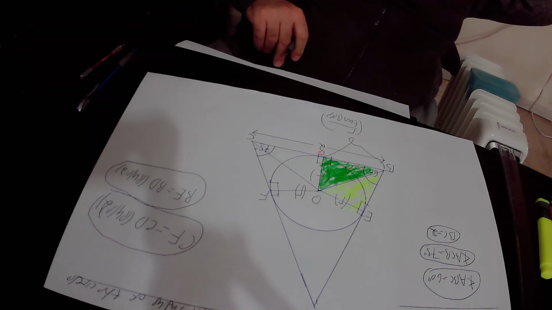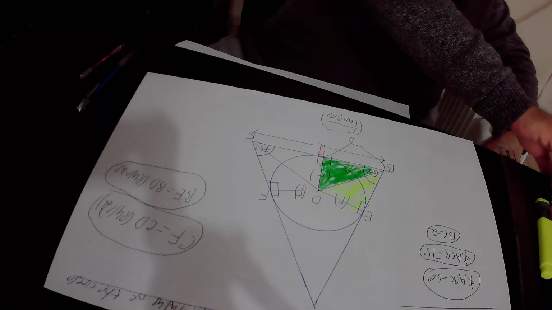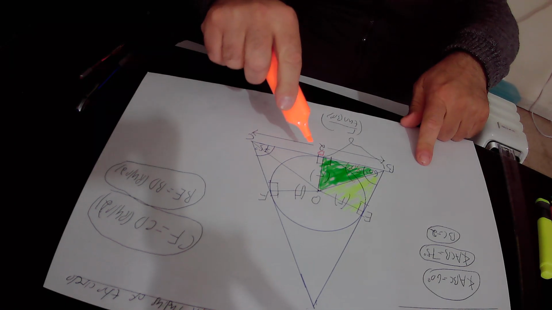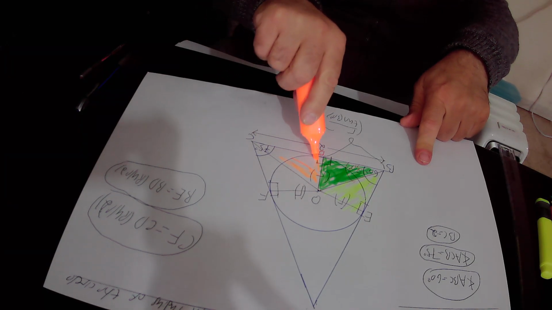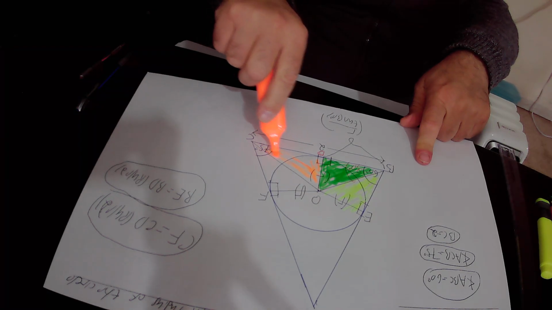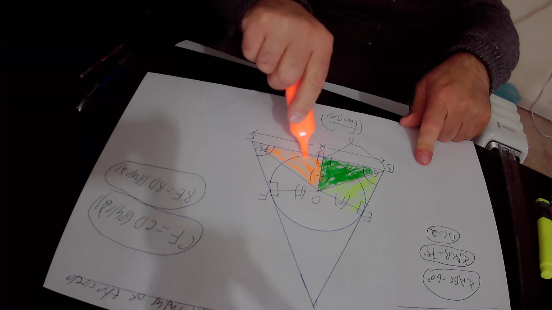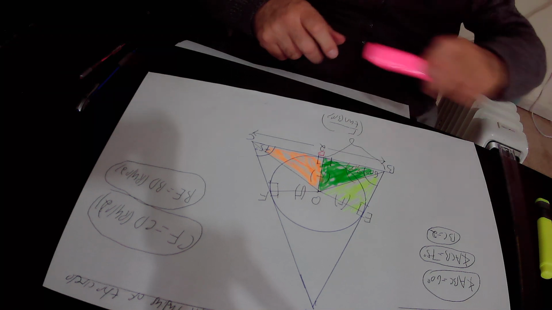In the next step, we repeat the same process on the orange triangle ODC and the pink triangle OFC.